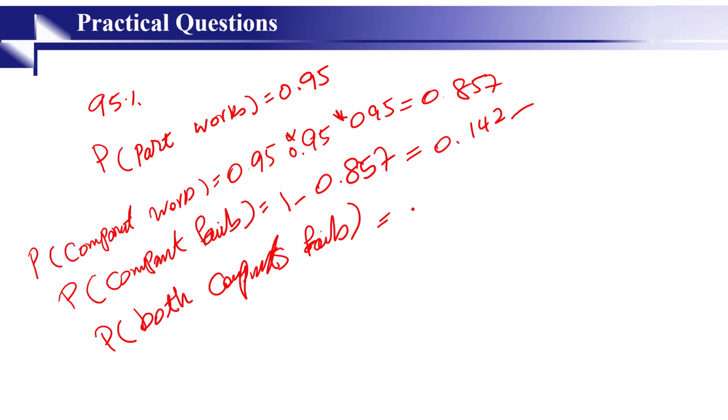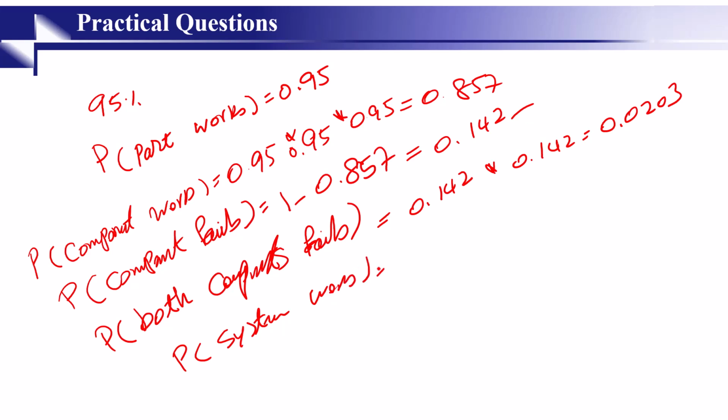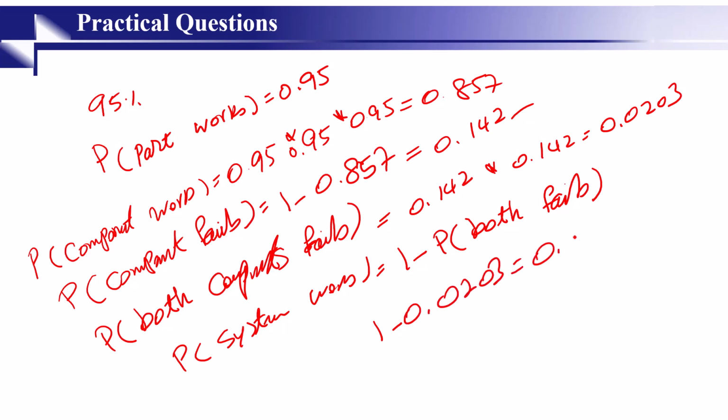Then the probability that both components fail is equal to 0.142 multiply 0.142, which is approximately 0.0203. Then the probability that the system works correctly is equal to 1 minus the probability of both failing, which is 1 minus 0.0203, approximately 0.9796.